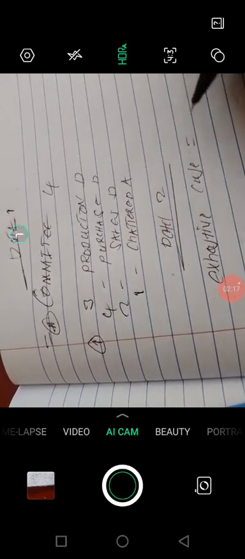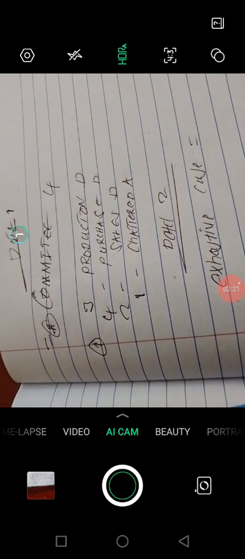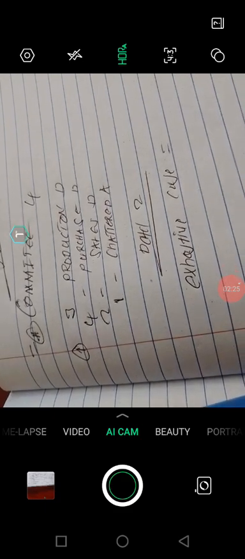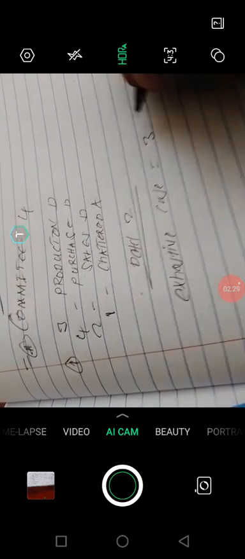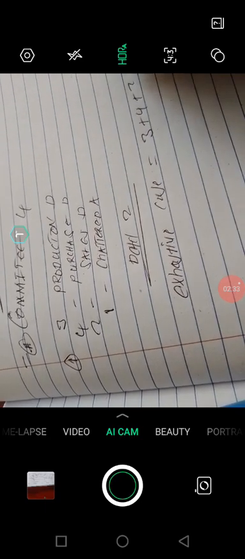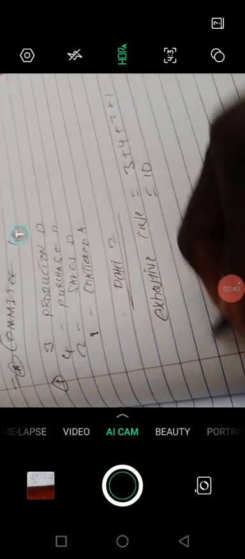Your exhaustive case is the total number of people that have been provided to you as available for this committee. So I've got 3 from production, 4 from purchase, 2 from sales, 1 from chartered, and all of them make up 10.